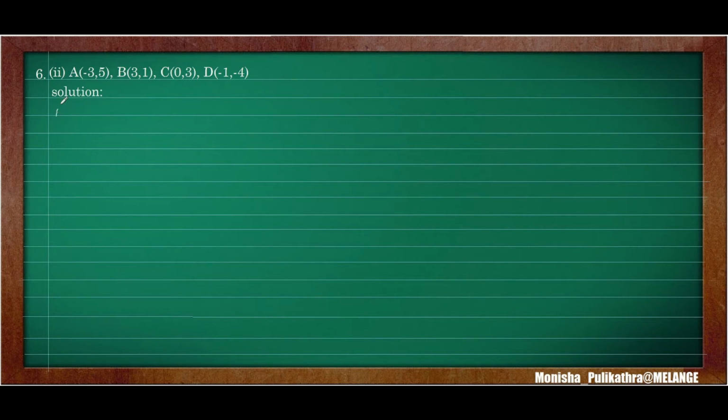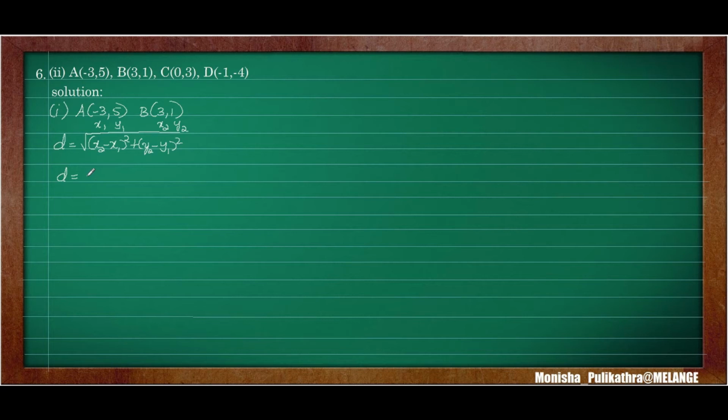Okay, in the first case we need to take A and B. Here A is (-3, 5) and B is (3, 1). So this will be x1, y1 and this is x2, y2. Apply the distance formula. D is equal to square root of (x2 minus x1) whole square plus (y2 minus y1) whole square.